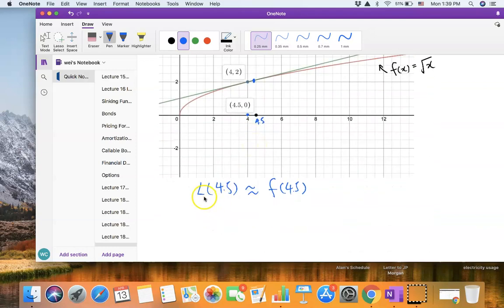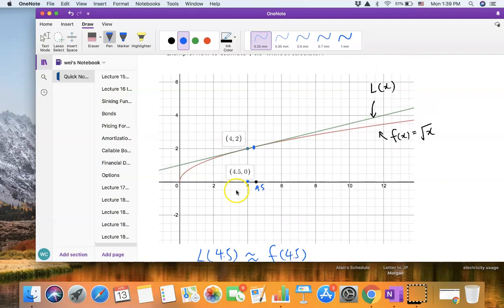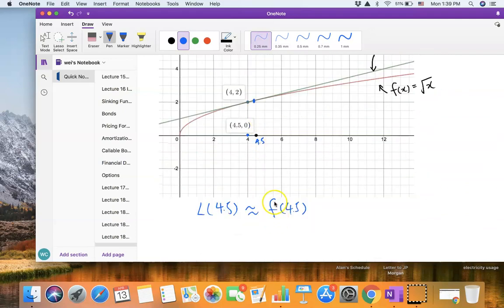So this tells me L of 4.5 will be a very good approximation to the function value f of 4.5, which is the square root of 4.5. Remember, we're not finding the actual value of the square root of 4.5. We only find a good approximation.